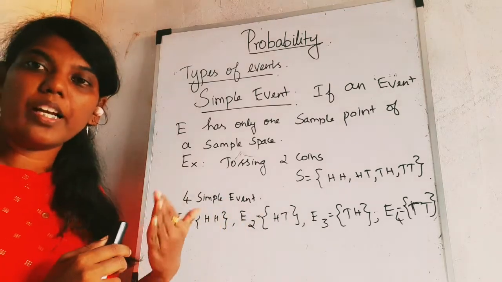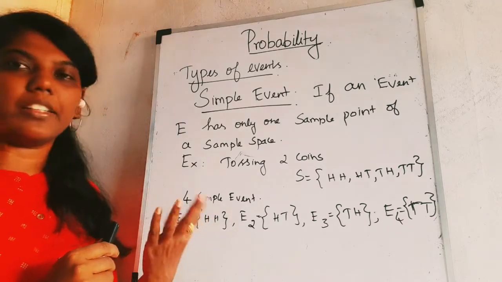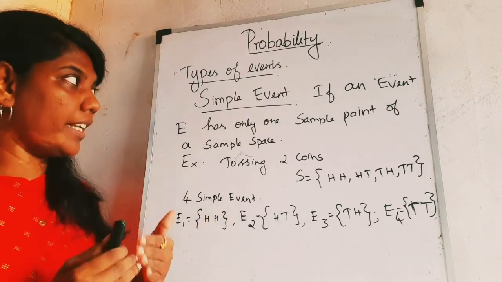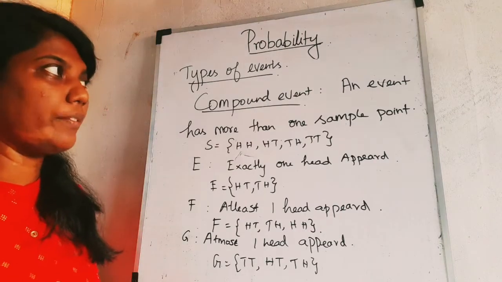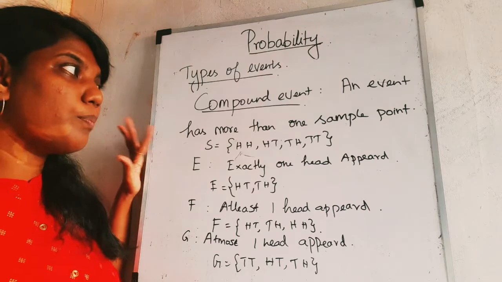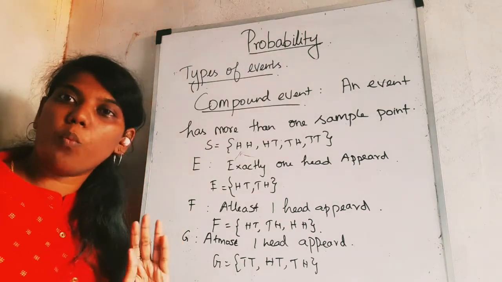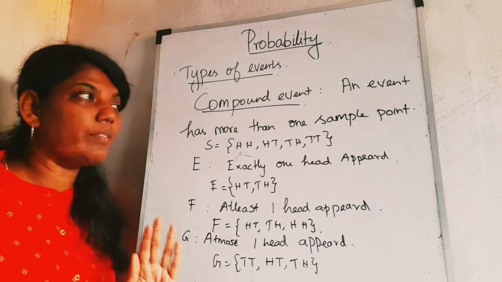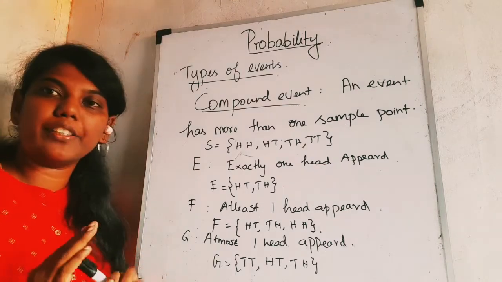But when it comes to the compound event, there 2 or 3 points will come. We will see it next. What is the compound event? In a compound event, an event has more than one sample point. If an event has more than one sample point, we say it is a compound event. For example, we are taking the tossing of two coins.